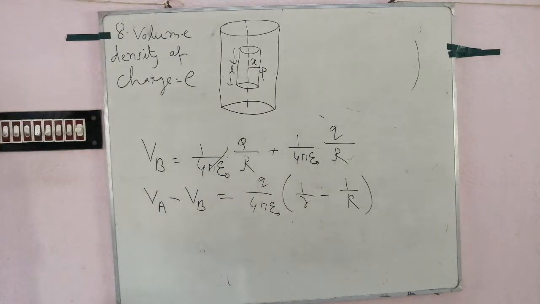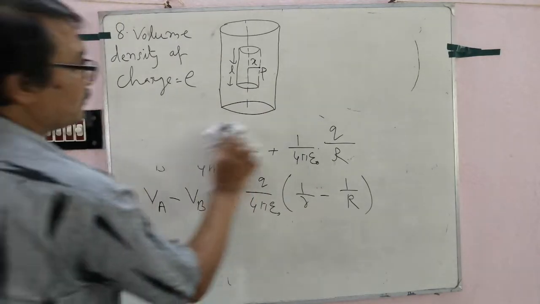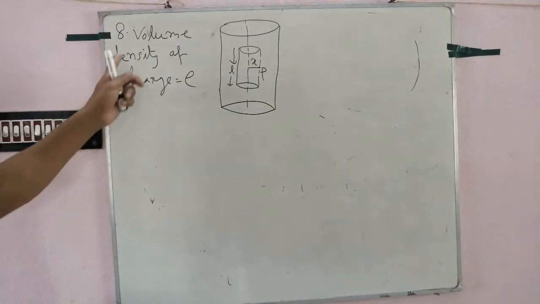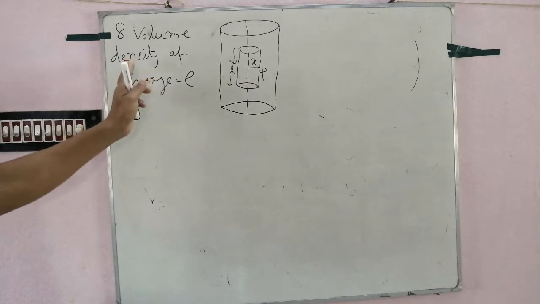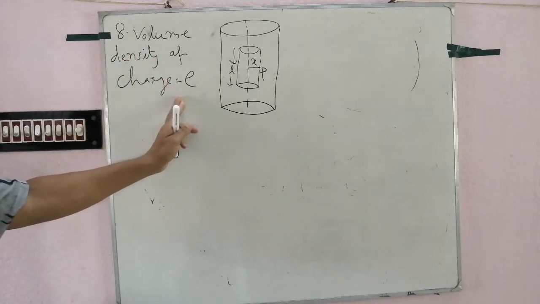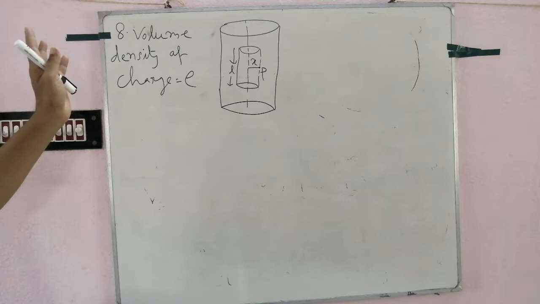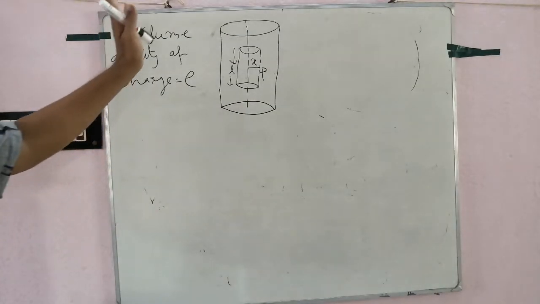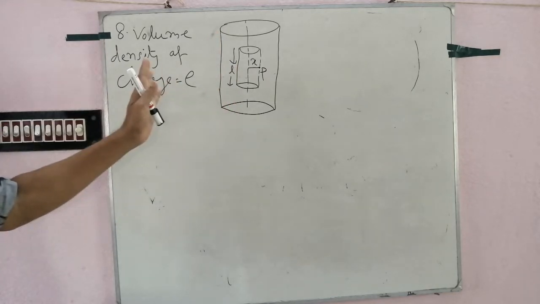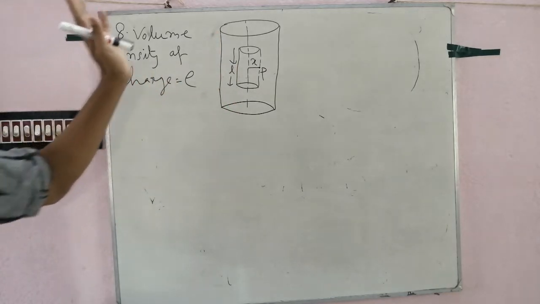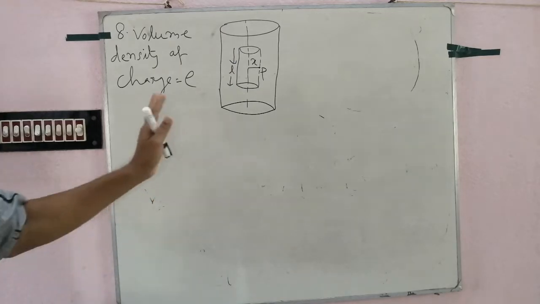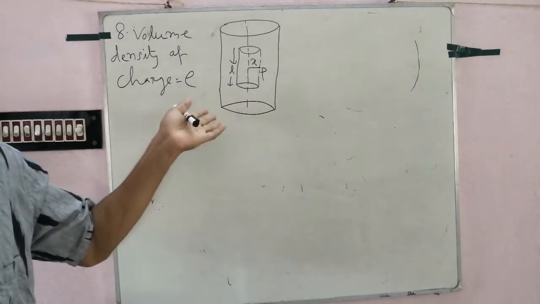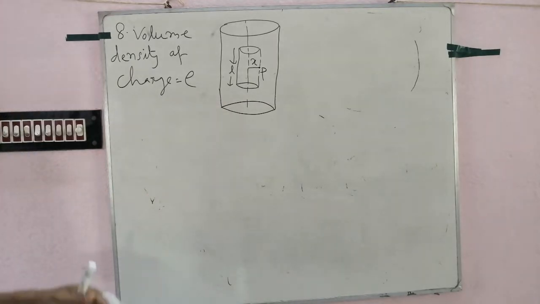At first, follow the question. A big cylinder, a uniformly charged cylinder with volume density of charge rho. Of course, this is a non-conducting solid, because if it were conducting, the total charge would reside on the surface, so there would be no need for this type of question.